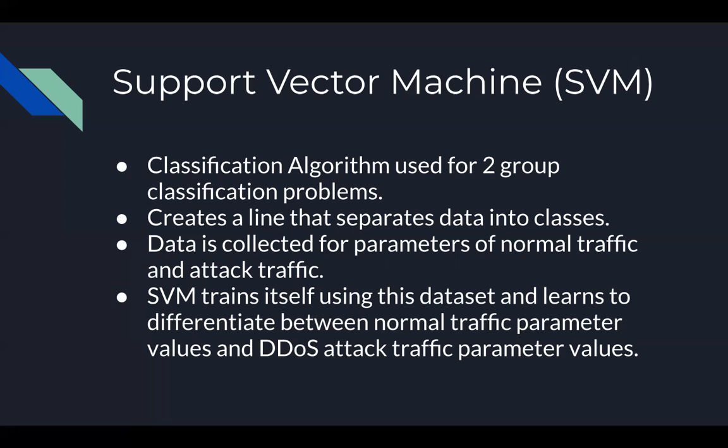They are basically classification algorithms, and by learning from this, if you get new data, it is able to classify that data into one of the two groups. And so here the SVM trains itself using the data set for normal traffic and attack traffic, and learns to differentiate between the normal traffic parameter values and the DDoS attack traffic parameter values.